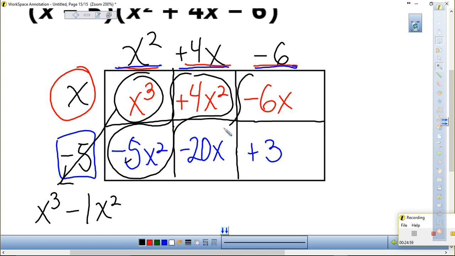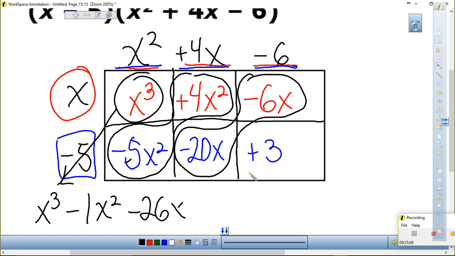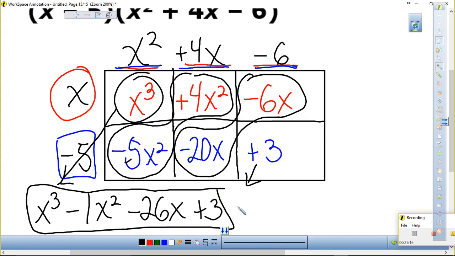I want you to draw a peanut for the second one. What is negative 20 and negative 6x? Negative 26x. And then at the end, we just bring down the last term, and we're done. It's what? Oh, yeah, I did that on purpose, see if you were paying attention. 30.